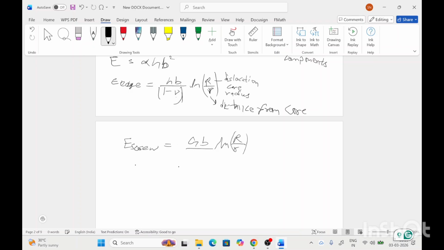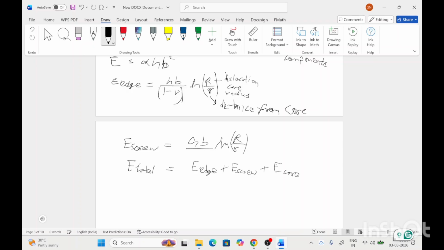So if we add these two, this term comes. So the total energy will be E edge plus E screw plus E core.